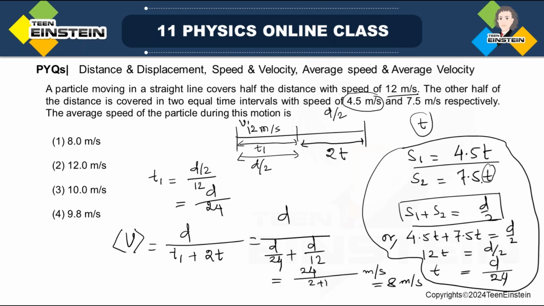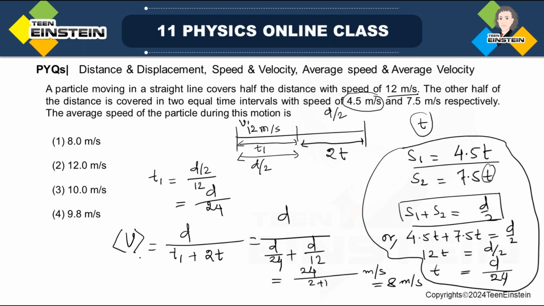With that I can find the equal interval of time t, and so the total time taken by the particle to cover the rest of the half distance is 2 into t.